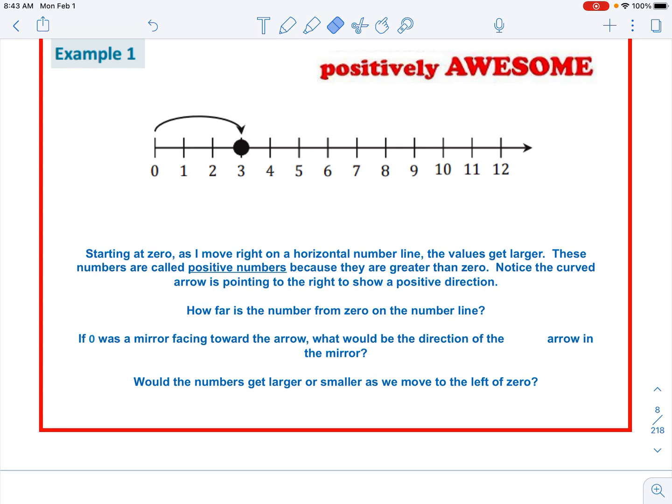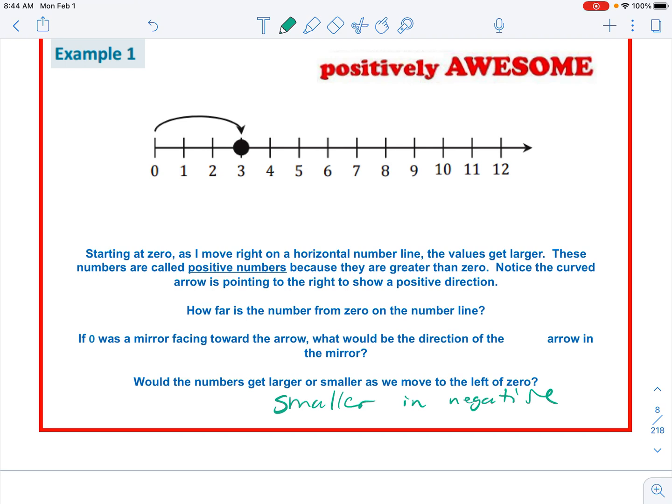If 0 was a mirror facing toward the arrow, what would be the direction of the arrow in the mirror? Would the numbers get larger or smaller as we move left of the 0? They would get smaller, because they are going to be in the negative.